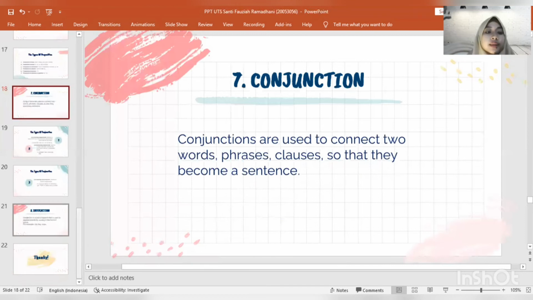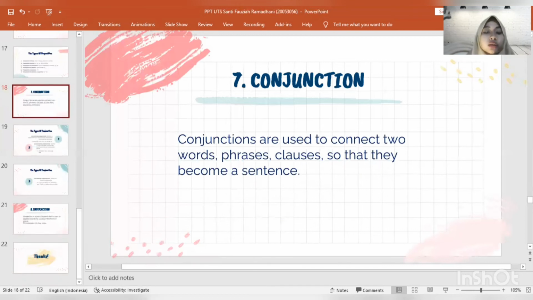The next is conjunction. Conjunctions are used to connect two words, phrases, or clauses so that they become a sentence.